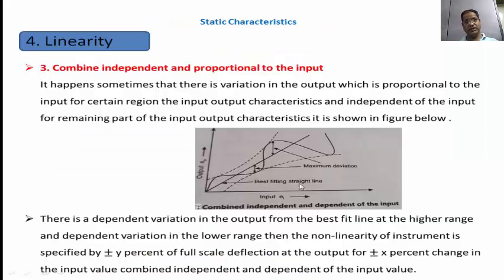Here the input output characteristics follow these best fitted lines. So you have to go for variation in some direction. In some region there is large change in deviation, in some region there is small change in deviation. So there is dependent variation in the output from the best fit line at higher range and dependent variation in the lower range. Somewhere there is dependent variation and somewhere independent variation, depending on the deviation of output from the input value.